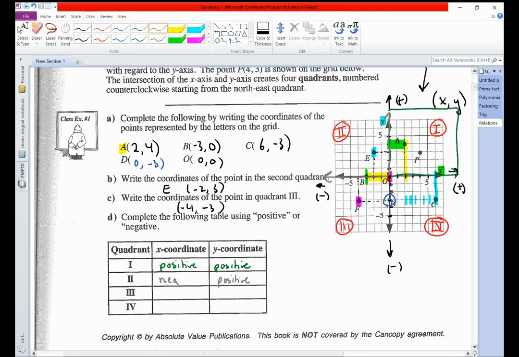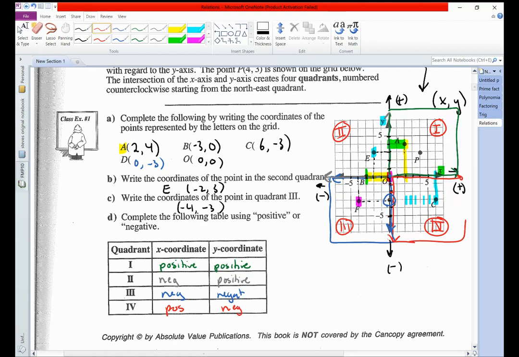In quadrant 3, we are going this way. Our x coordinates are still negative, and our y coordinates are also negative. So it's all that right there. And then quadrant 4, our x values are positive, and our y values are negative.